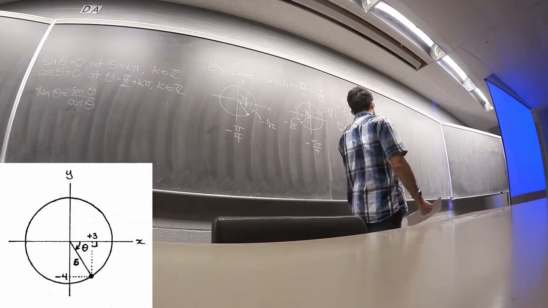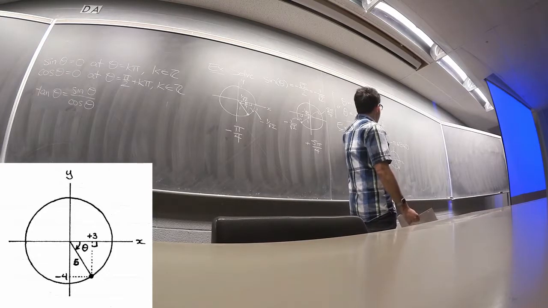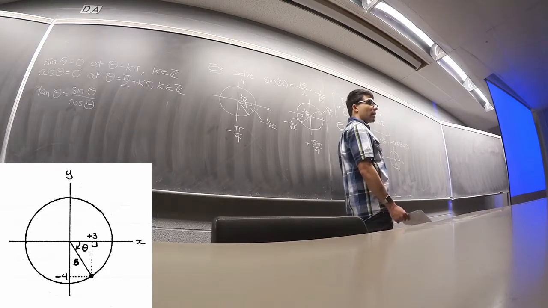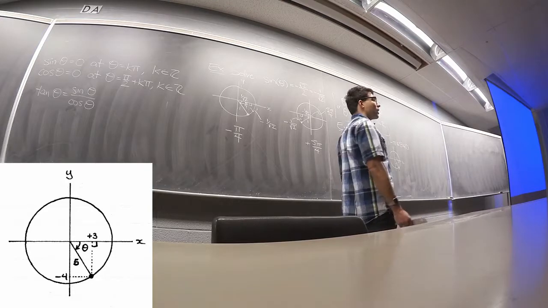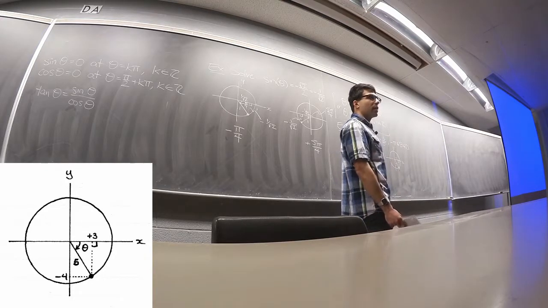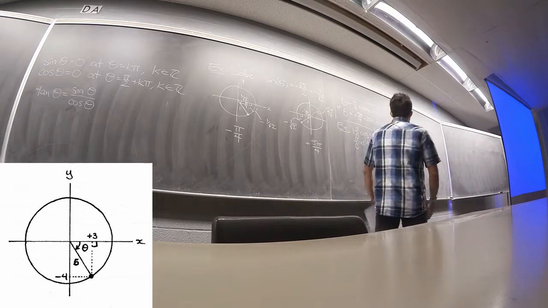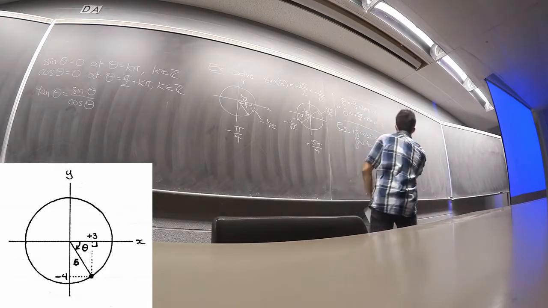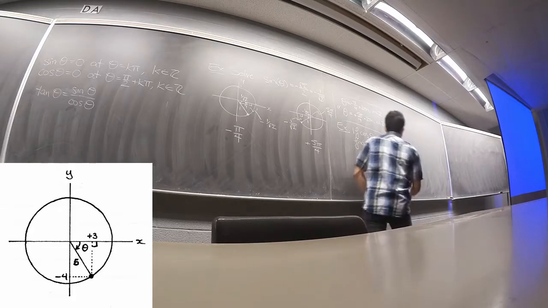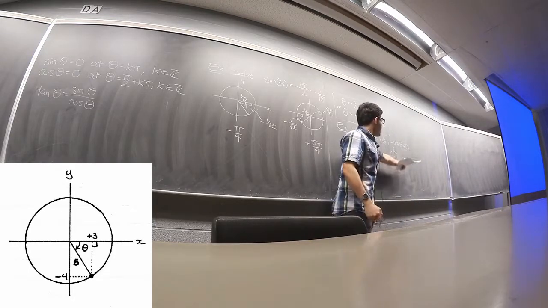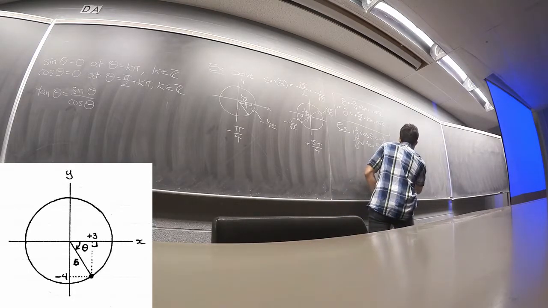When you use a non-unit circle, the cosine is the x-coordinate over the radius, the sine is the y-coordinate over the radius, and the tan is y over x. Or you can think of SOHCAHTOA. That works too. So that's 3 over 5. Pythagoras tells us this is a 3, 4, 5 triangle, so this guy must be minus 4.